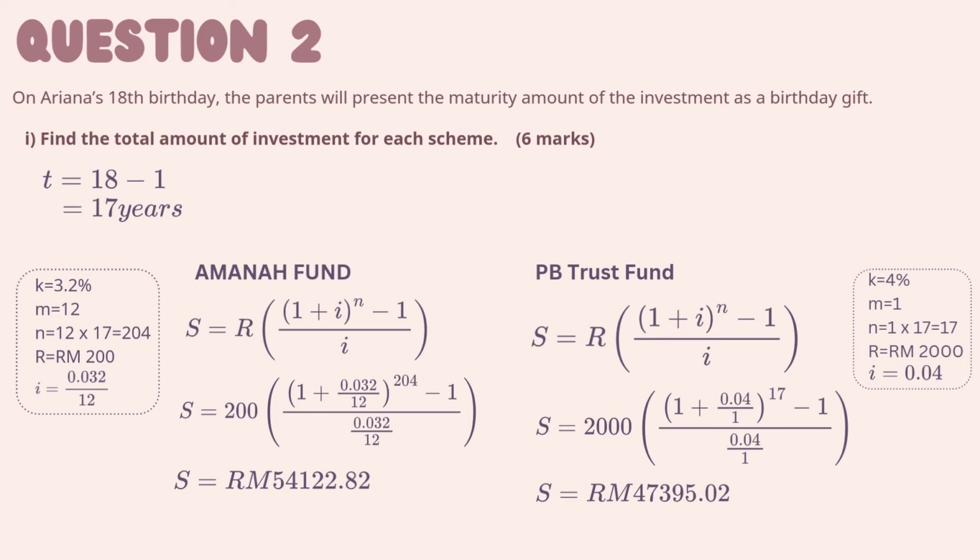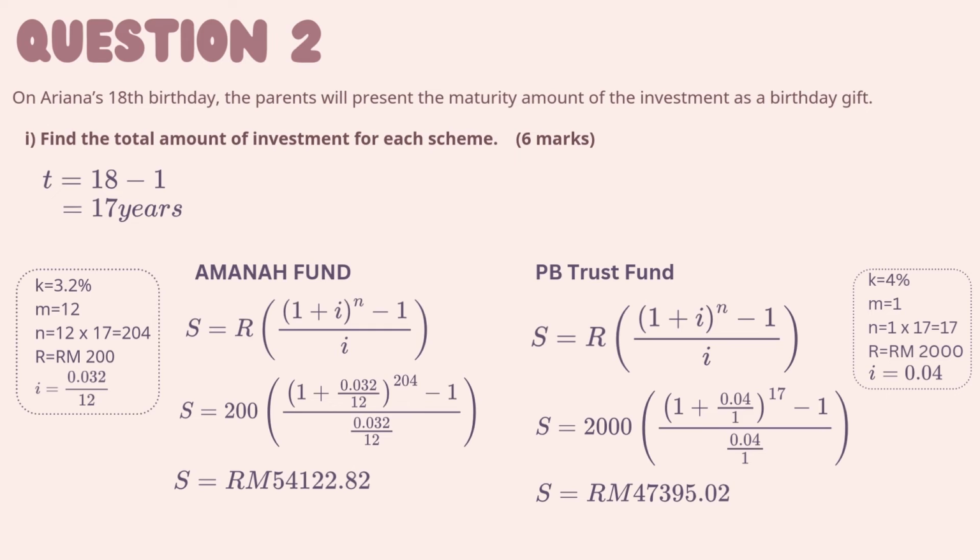So, T is 17 years. R is the amount of periodic investment. The value of R for Amanah Fund is RM200 and the value of R for PB Trust Fund is RM2000.